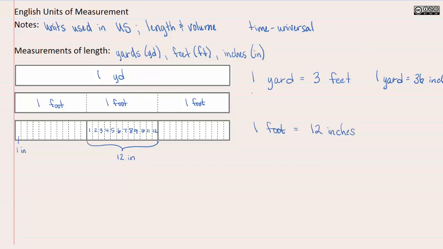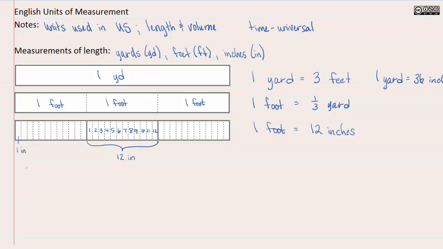One more conversion could be that the yard is split up into 3 feet, which we had written as 1 yard equals 3 feet. But we could also say that 1 foot would be equal to 1/3 of a yard.